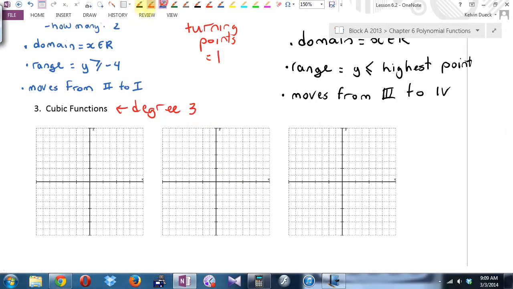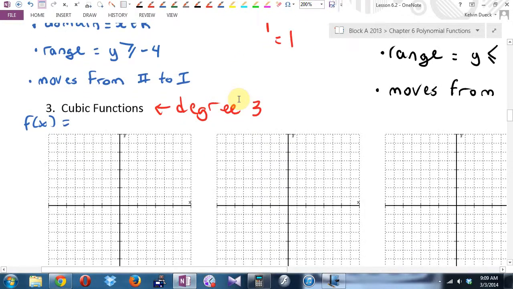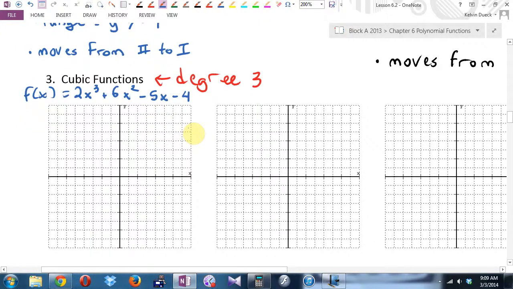As an example, f of x equals 2x cubed plus 6x squared minus 5x minus 4. I think we better start right now with graphing this, but we're going to try and look for some patterns so that we can avoid graphing this if necessary.